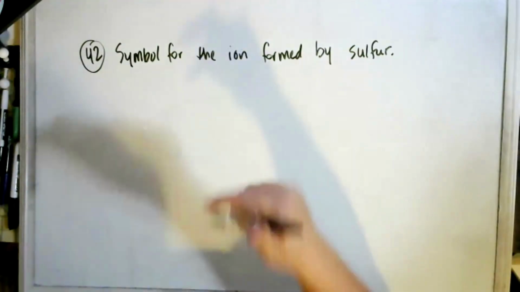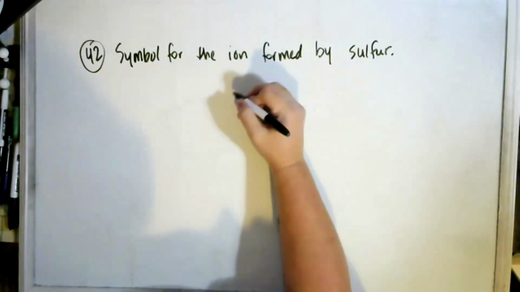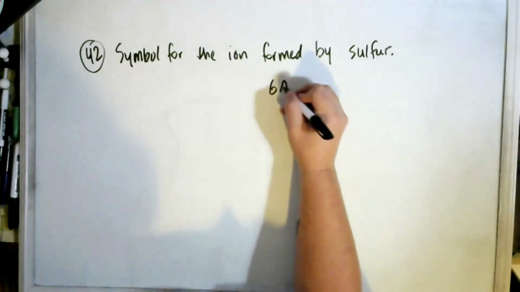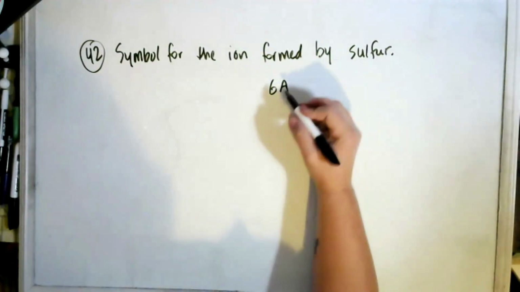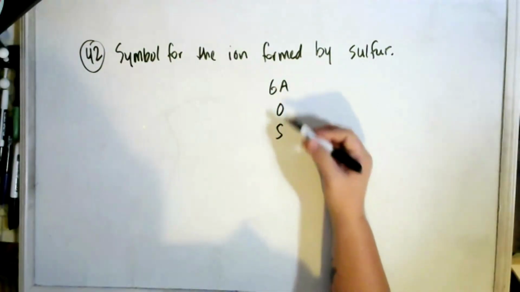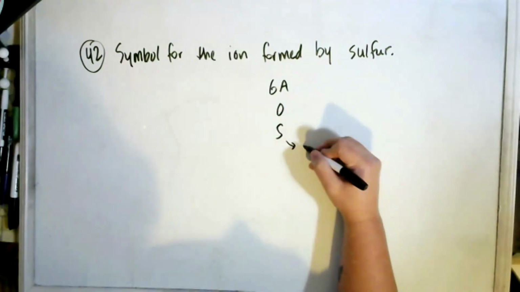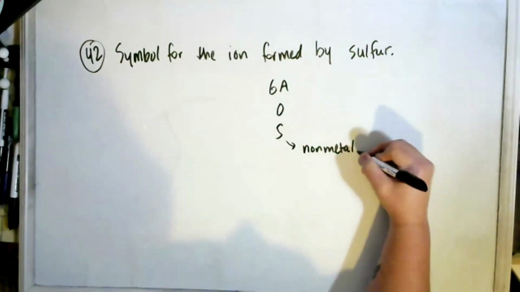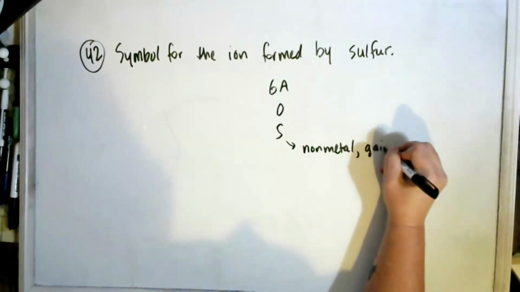All right, and so to answer this question, you're going to find sulfur on your periodic table. Sulfur is in group 6A, right? You have oxygen and then you have sulfur. And so you're going to say to yourself, sulfur is a nonmetal. If it's a nonmetal, it's going to gain electrons.